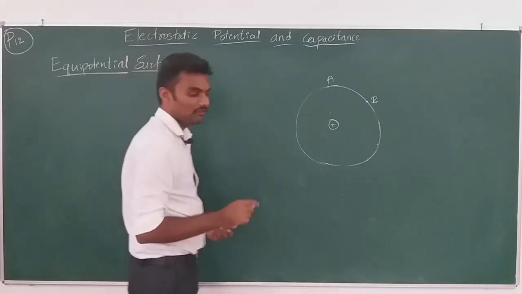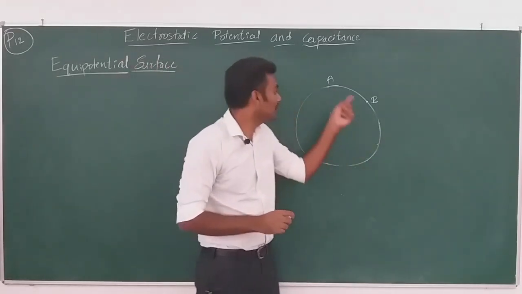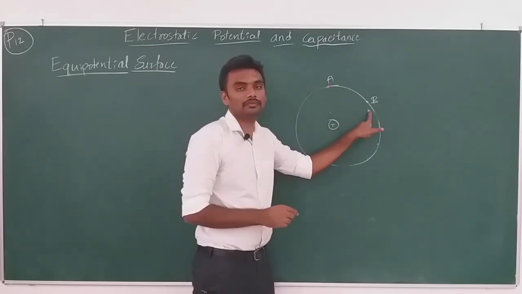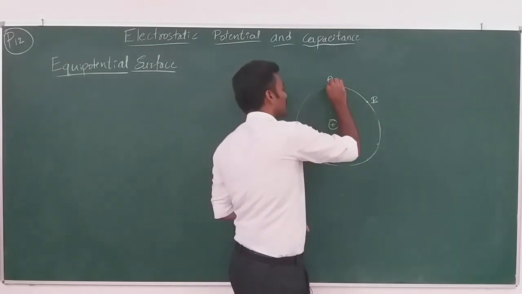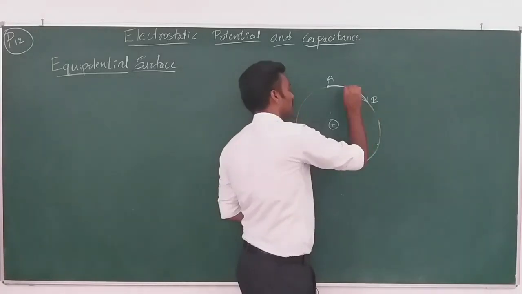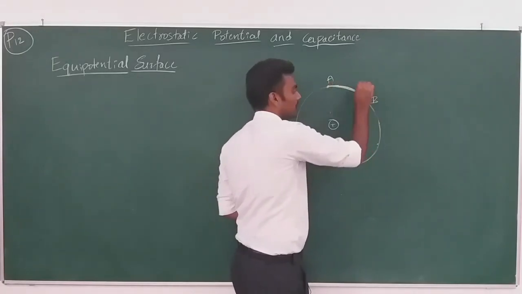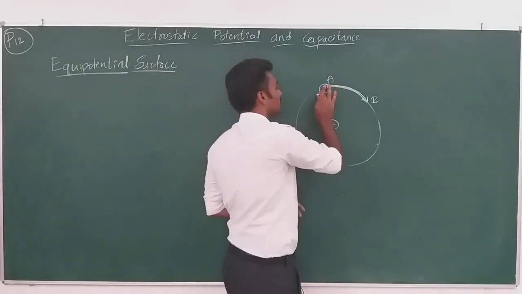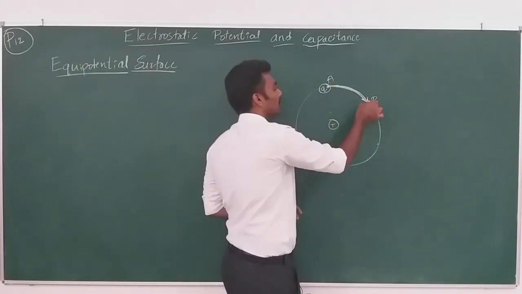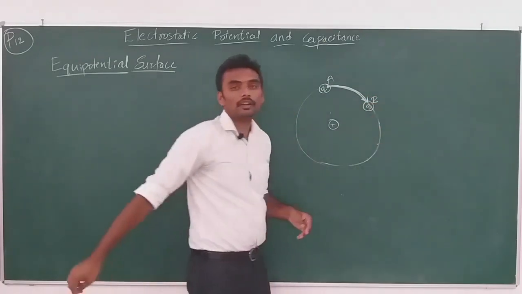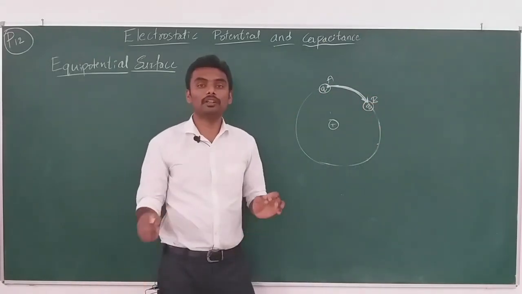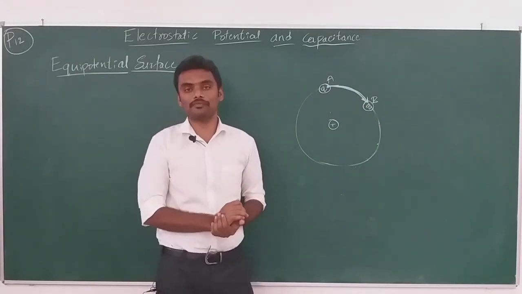What does that mean physically? Physically, that means that if I want to move a charge from point A to point B, say from here to here on this path, like this, if I want to move some charge Q from point A to point B, since the potentials are equal at point A and point B, I don't need to do any external work.